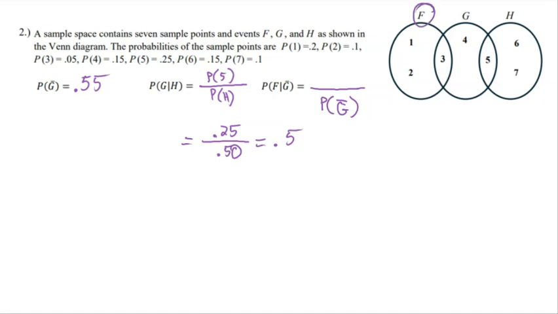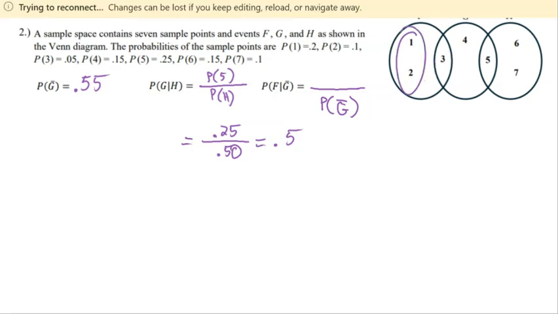So F contains 1 and 2, and those are not in G. F contains 3, but 3 is in G, so we're going to leave 3 out. We just want the probabilities of 1 and 2. So we're going to have the probability of 1 plus the probability of 2, because those are all the things that are in F but not in G.